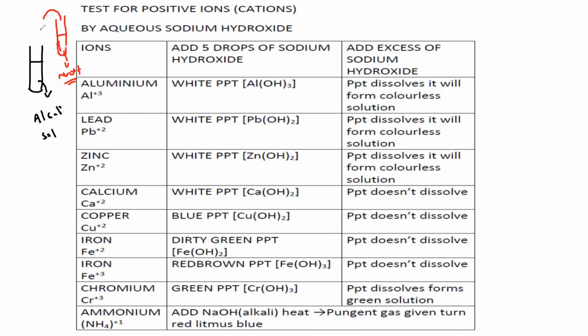But when we add a small quantity, 5 drops, of sodium hydroxide to this aluminum solution, we will see that a solid starts to form.